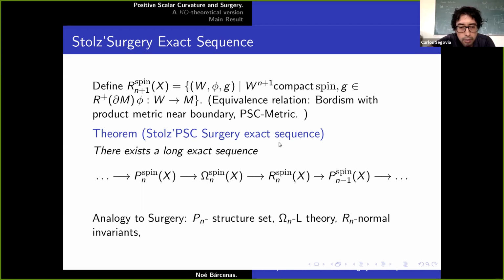Sorry, what is the middle map? The middle map, this is the map from spin bordism to R spin? Yes.